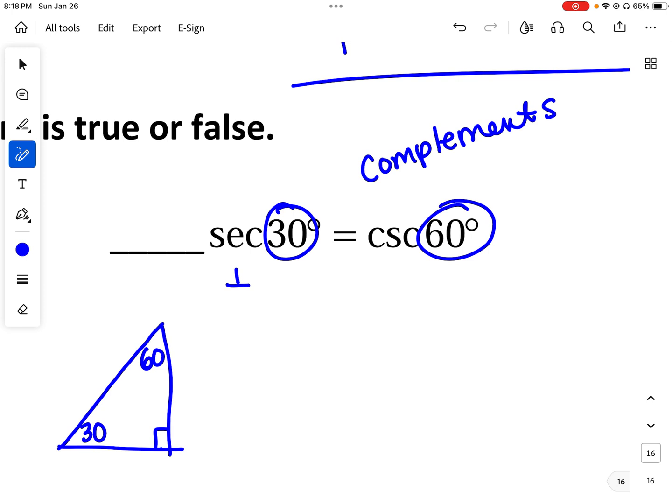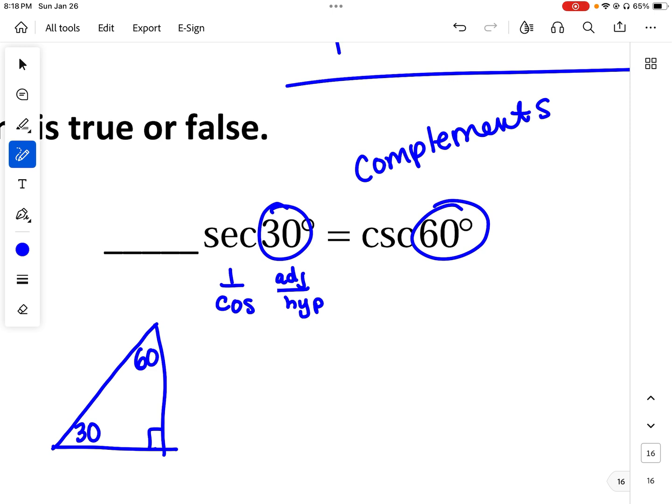the opposite of cosine. So cosine is adjacent over hypotenuse. So we would do, let's call this A and this C. So ABC. So for secant 30, let's just do that. Secant 30 is going to be the hypotenuse over adjacent.